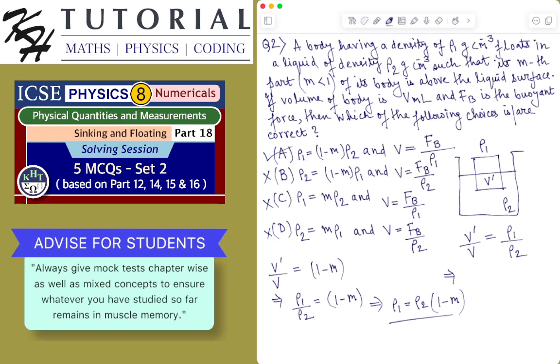Now it is given that the body experiences a buoyant force of Fb. Now what is Fb, the buoyant force? It is the weight of the displaced liquid, and the weight of the displaced liquid is nothing but its mass into g, gram force. What is the mass of the displaced liquid? Its volume into density. Volume is V dash and density is rho 2.